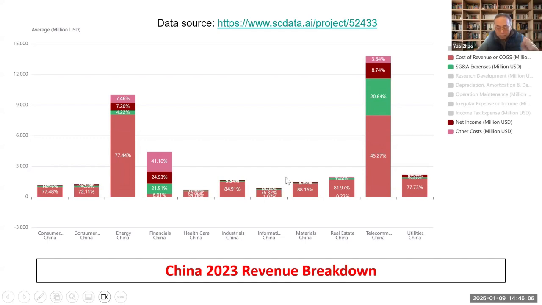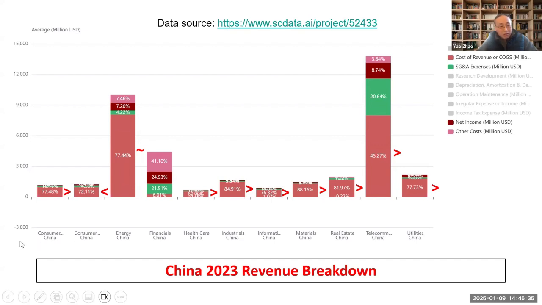And the second, if you look at the numbers carefully, you'll find that for China, for 8 out of 11 industry sectors, cost of goods sold accounts for a higher percentage of the revenue than the United States, which means supply chain operations is more important for this country.